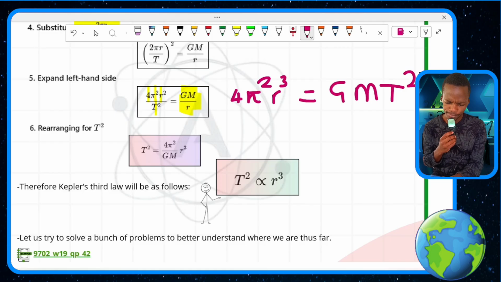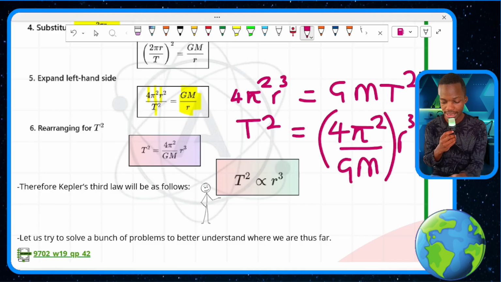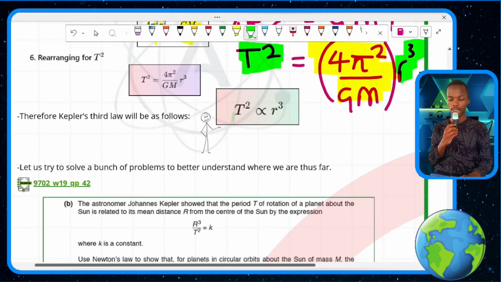So you can now see that T squared will essentially be equal to 4π squared divided by GM, times r cubed. And you can see that all of this is a constant, which therefore implies that T squared over here will be directly proportional to r cubed over there, right? Which is Kepler's third law.